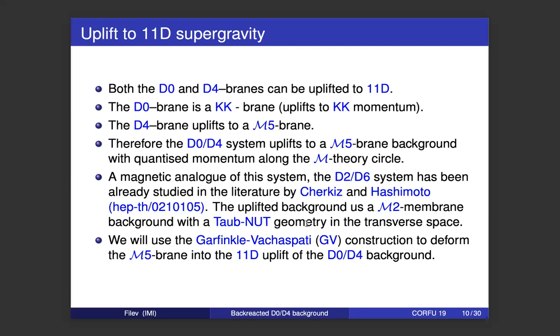So the idea is that it allows you to deform geometries. It's a solution generating technique. We're going to see how it works. But the motivation is still the same. I mean, we're going to uplift the M5 brane into 11 dimensions, and we're going to use this technique to excite D0 branes in some sense in this geometry.